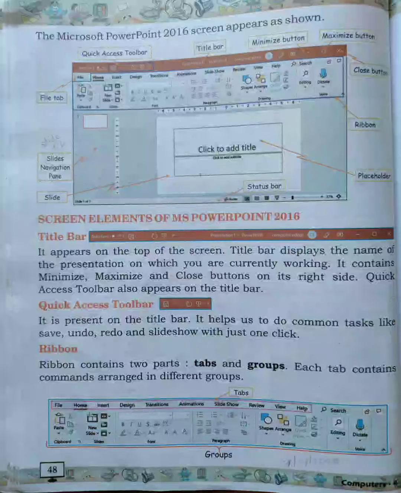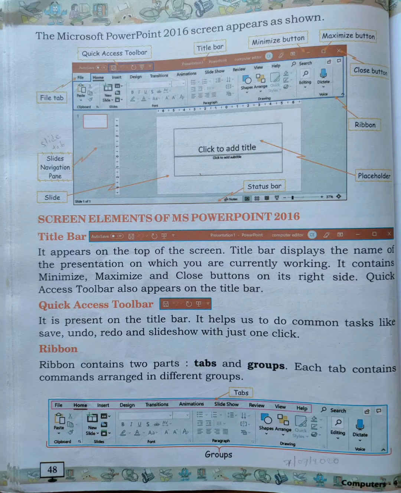And you can see the ribbon, highlighted on the left side. The ribbon contains two parts, tabs and groups, and each tab contains commands arranged in different groups. In the picture of the ribbon, the tabs are, for example, file, home, insert, design, transition.